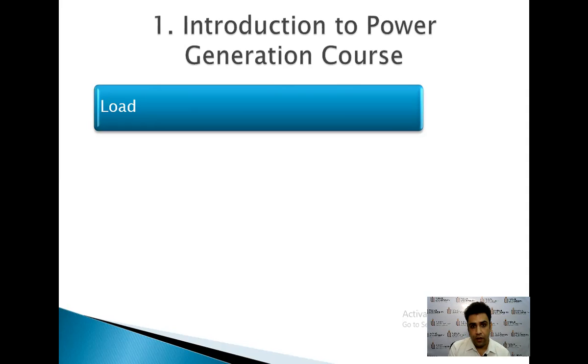We must know what will be my load when this specific power generation station will be completed, and what will be the load after 5 years, after 10 years. I cannot plan any power station before knowing the load.